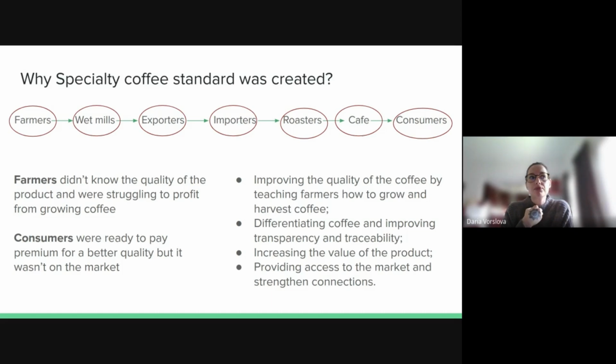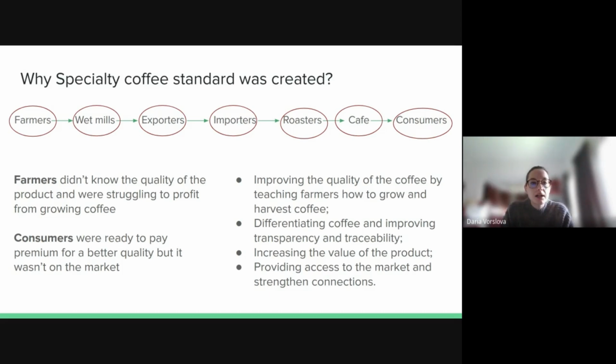And for example, for Central America, it can be Guatemala, Huehuetenango, Colombia, Huila, or Nariño. So sometimes we could trace to the region, sometimes we couldn't. It could be just Colombia Excelsa or Suprema quality, and that's it.